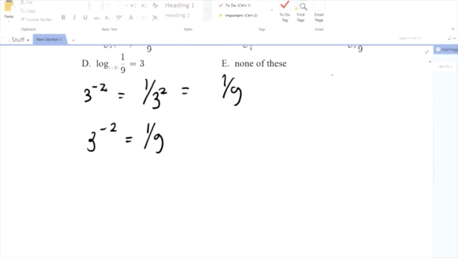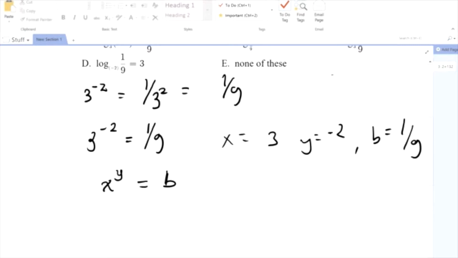Now let's say we have an x raised to some y power is equal to some number b, where in this situation our x is equal to 3, our y is equal to negative 2, and our b is 1 over 9.